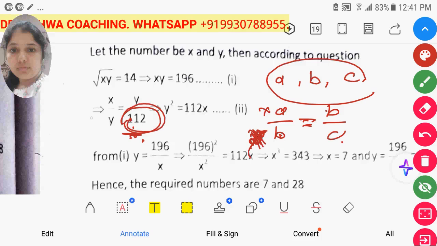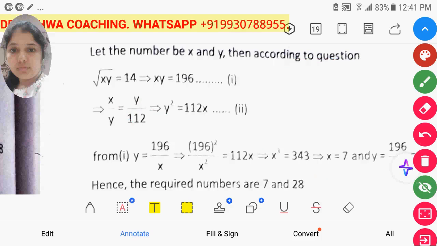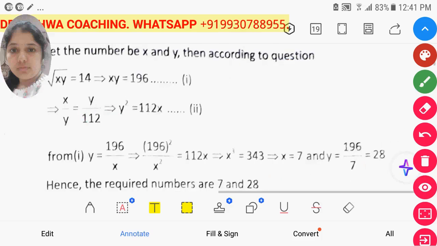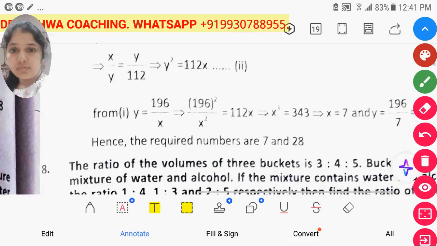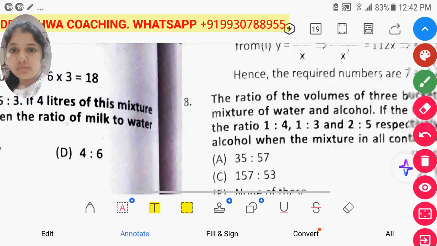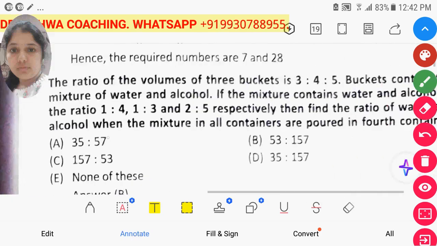So X upon Y is equal to Y upon 112. So Y square is equal to 112x. Now put the values in the equation and find the value of X, which is 7. Now Y is 196 upon 7, which means 28. So the two numbers are 7 and 28.